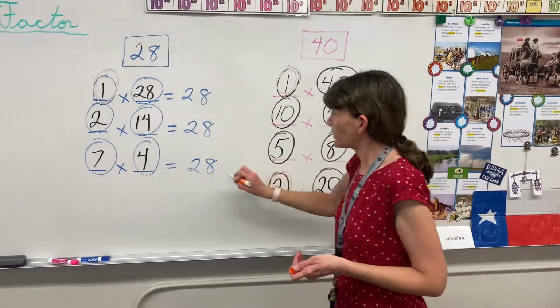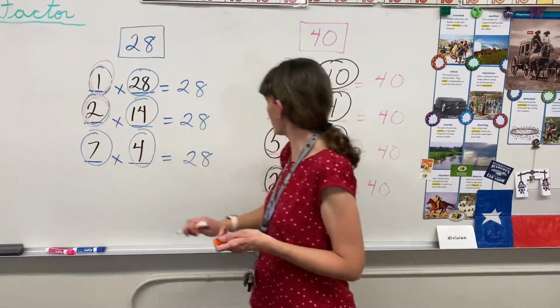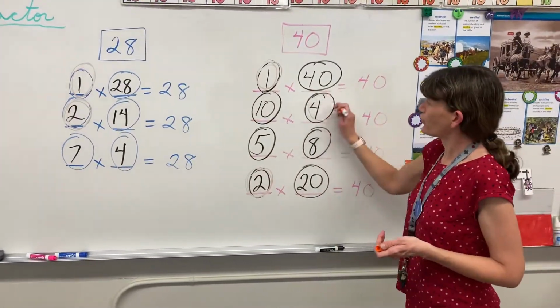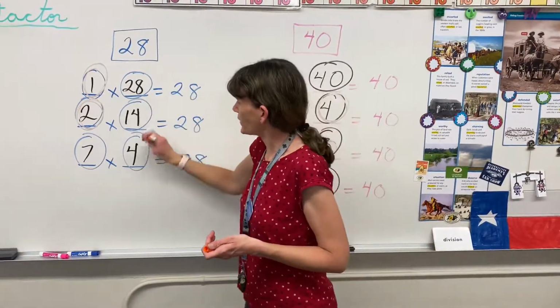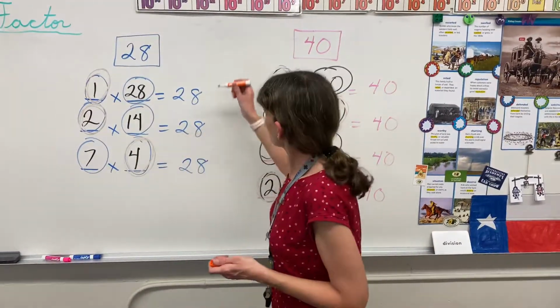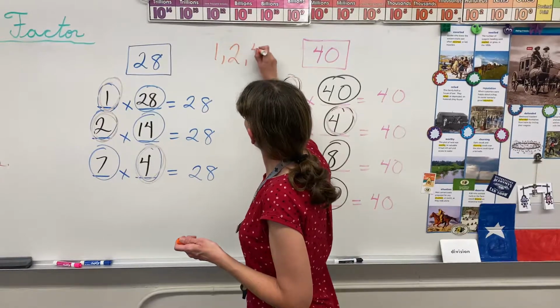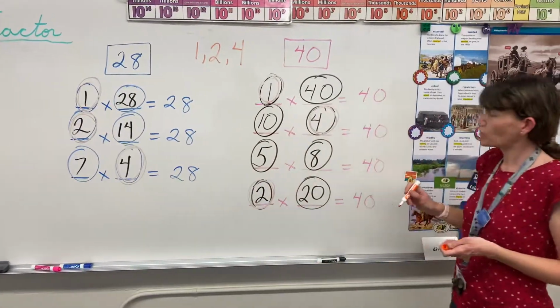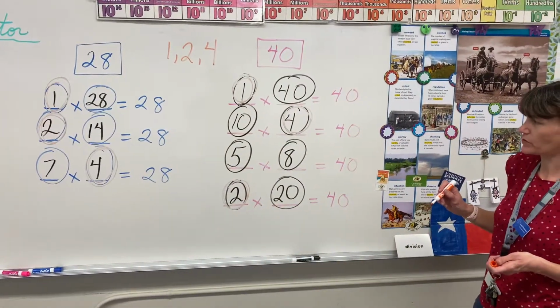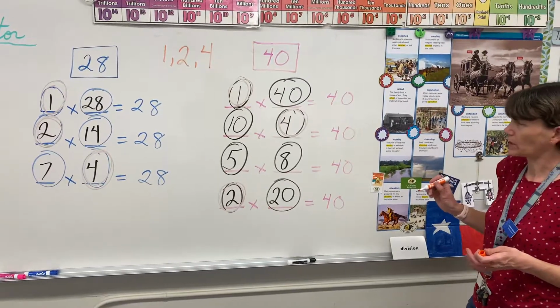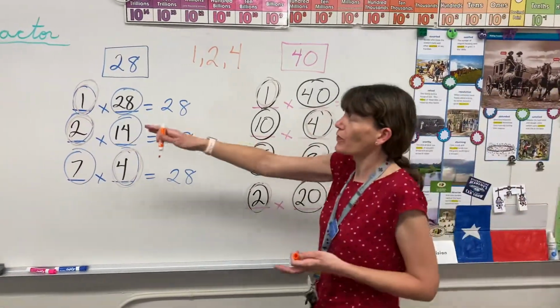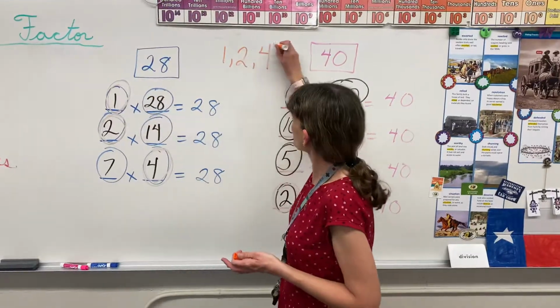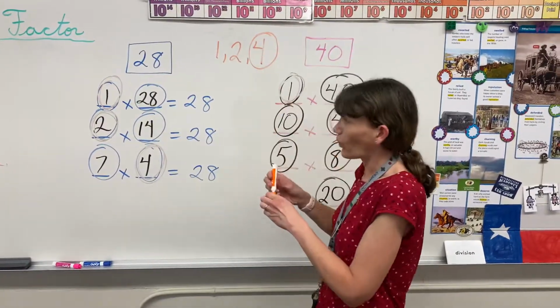There's a 2 here and a 2 here. And there's a 4 here and a 4 here. So they share 1, 2, and 4. Nothing else. Check it over. You don't want to miss anything. So the biggest one, the greatest common factor, is the 4.